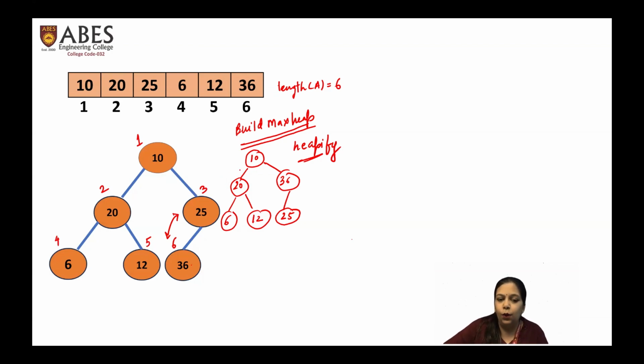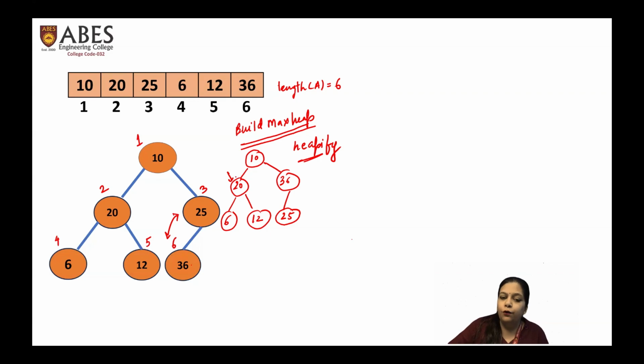So we compare 20 with its left child and right child. If either child had been larger, then this 20 would have been swapped with the larger value. But in this case, none of the child nodes is larger than this 20, so there will be no swap.